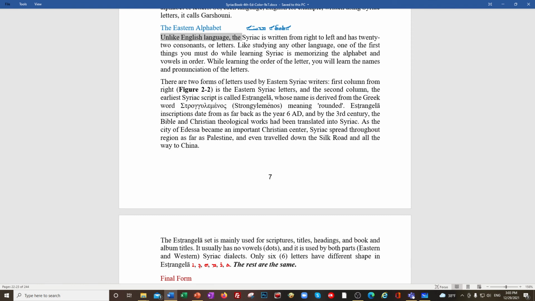While learning the order of the letters, you will learn the names and pronunciation of the letters. So 22 letters and 7 vowels. Remember that: 22 letters and 7 vowels really make up the Eastern alphabet, the Syriac language.